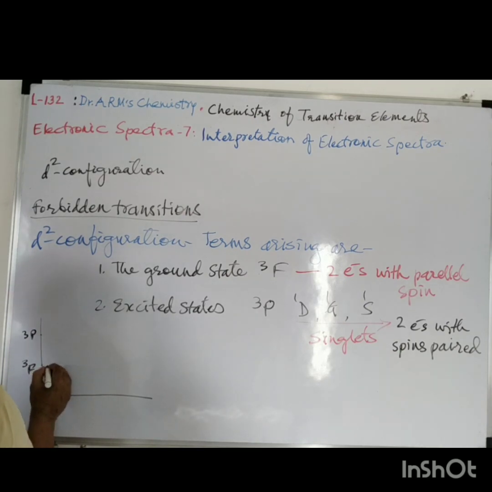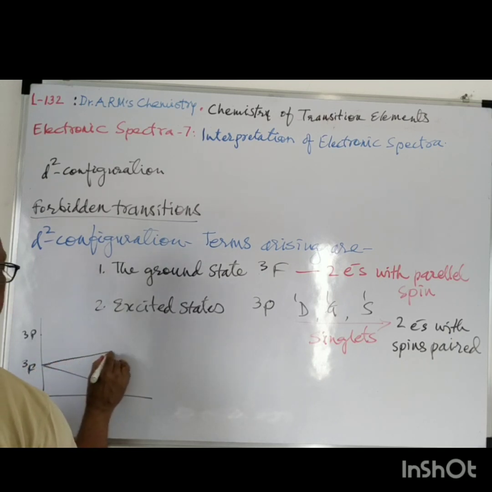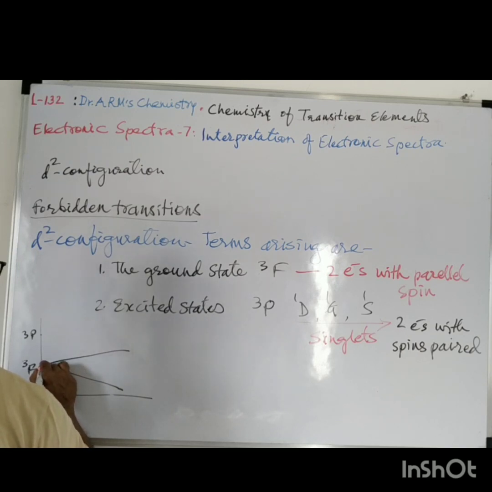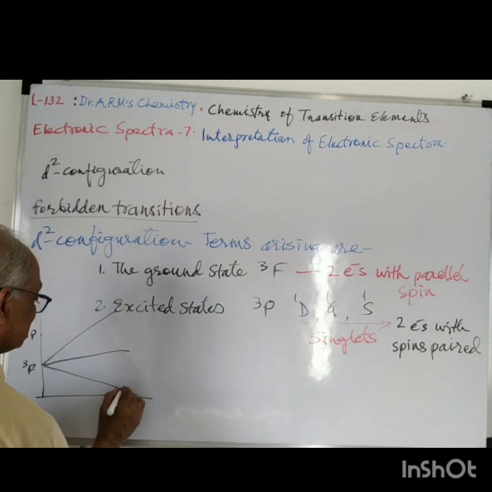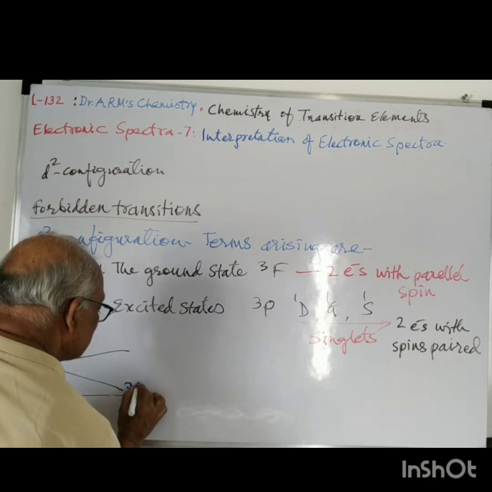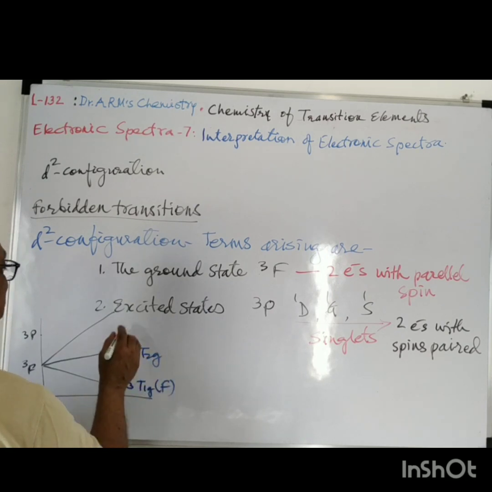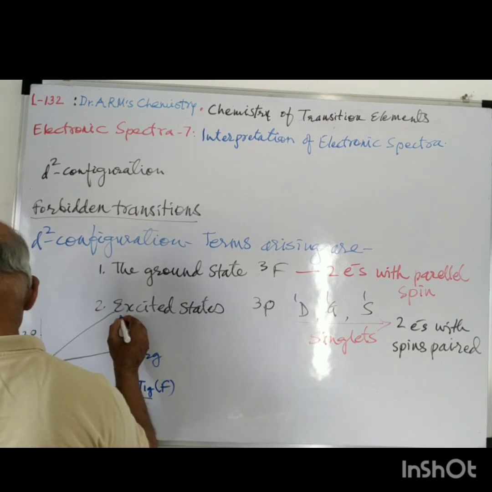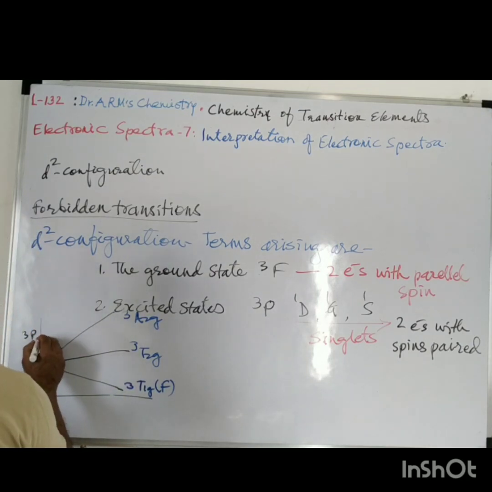And this is 3P. Here the 3F splits into 3 energy levels: triplet T1G, triplet T2G, and triplet A2G.